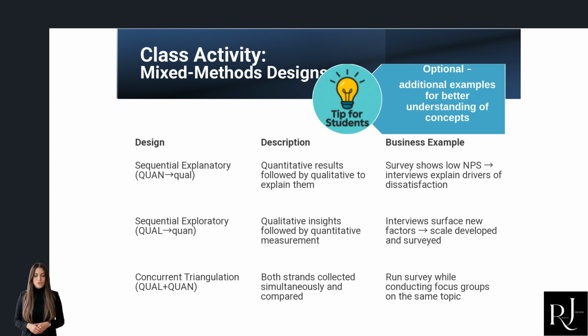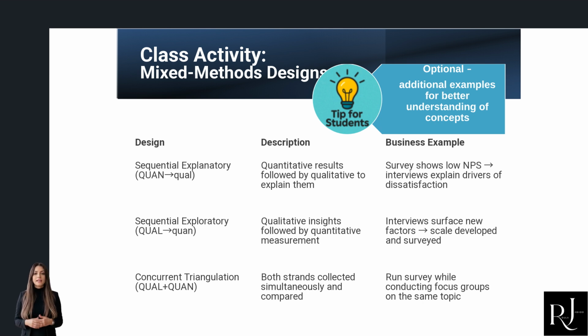Finally, in concurrent triangulation, or qual plus quan, you might run a survey while simultaneously conducting focus groups on the same topic to compare the results. These designs are optional but highly recommended for your projects to provide a more sophisticated and comprehensive understanding of complex business phenomena.